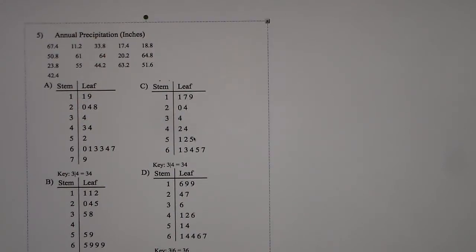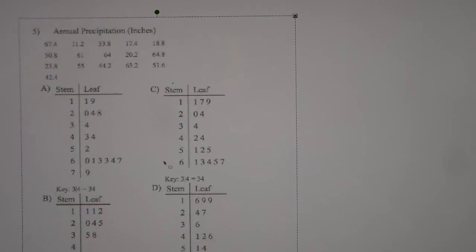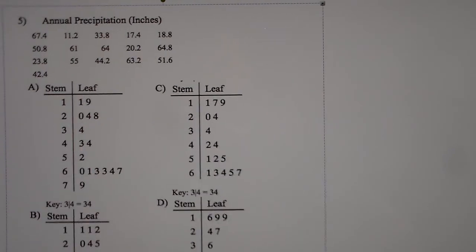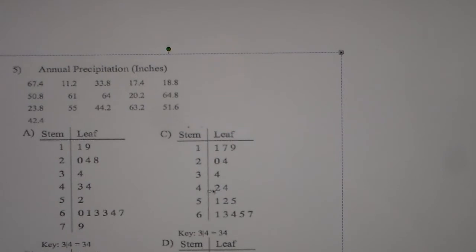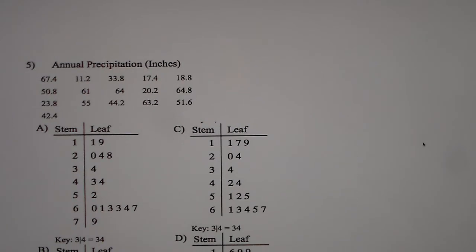All right. So I should do one more. So you got precipitation, inches here. So do stem and leaf. Looking at our data, it's all with the tens digit places. There's no numbers less than 10, so I'm not going to do a 0.